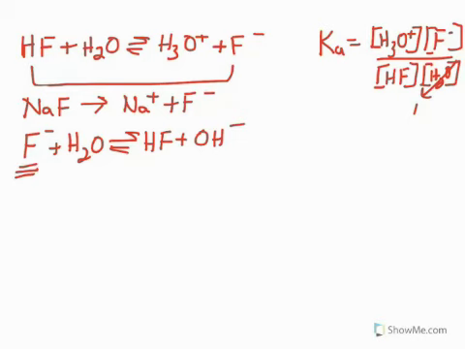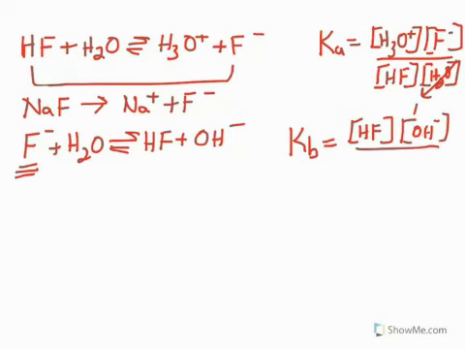So for this conjugate base of HF, F-, the Kb, the basic dissociation constant, is the concentration of HF times the concentration of OH- divided by the concentration of F- times the concentration of H2O, which is equal to 1.